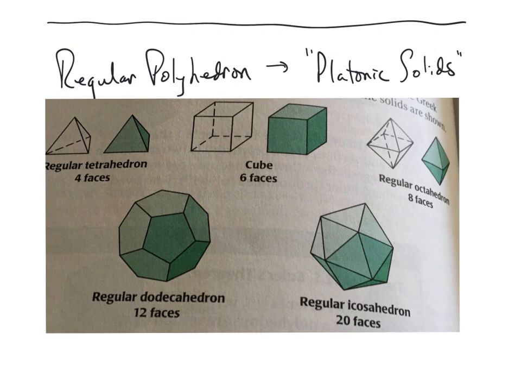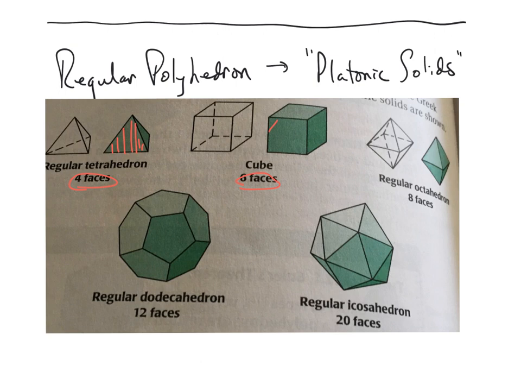But there's 5. There's what's called a regular tetrahedron that would have 4 faces, and each of the faces would be an equilateral triangle. The second one is a cube, which would have 6 faces. We're really familiar with that one. When we roll dice, we're rolling cubes.